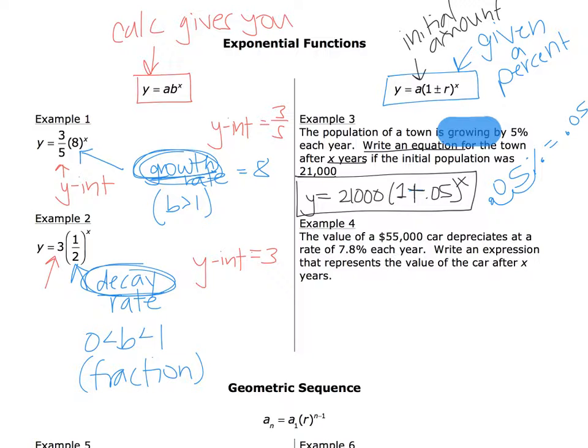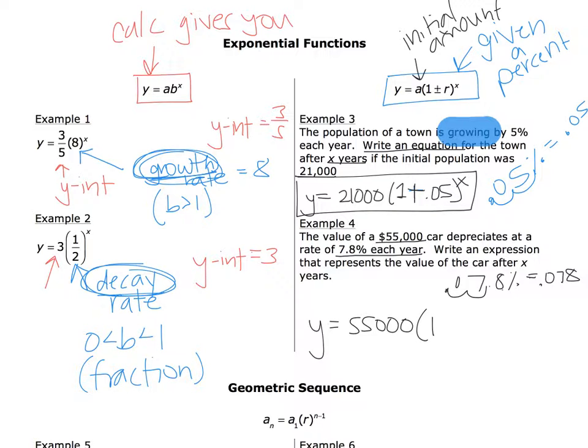This is just an equation. The next problem is very similar. We've got a value of $55,000. It's a car that's depreciating at a rate of 7.8% each year, and we need to write an expression. 7.8% means we're using 0.078 in our equation. So we're going to have y equals the initial amount, 55,000, parentheses, 1, and now I need to decide between a plus or a minus.